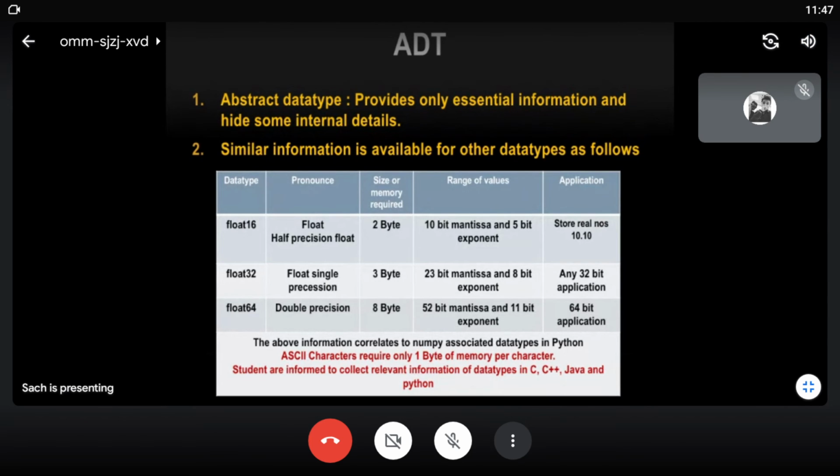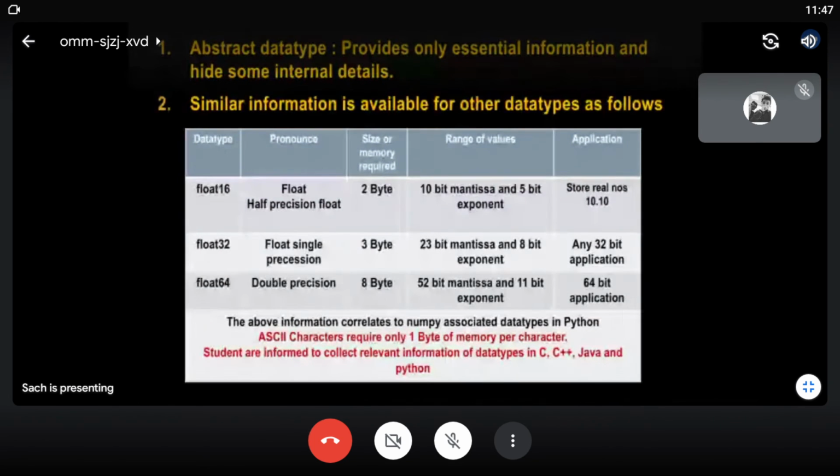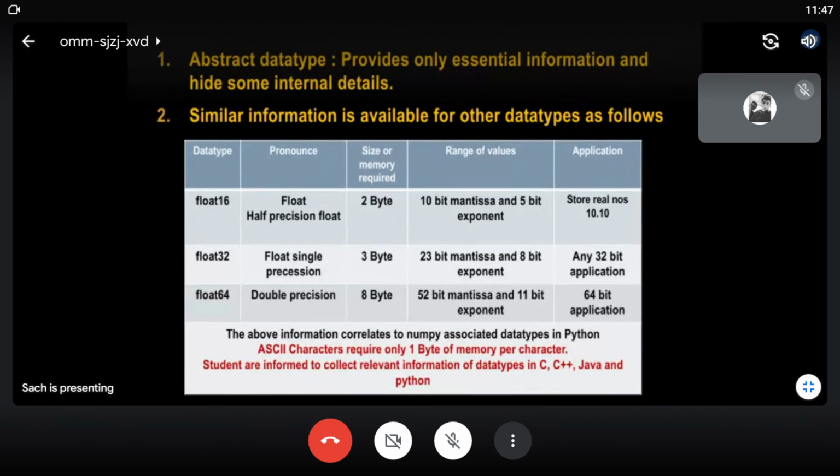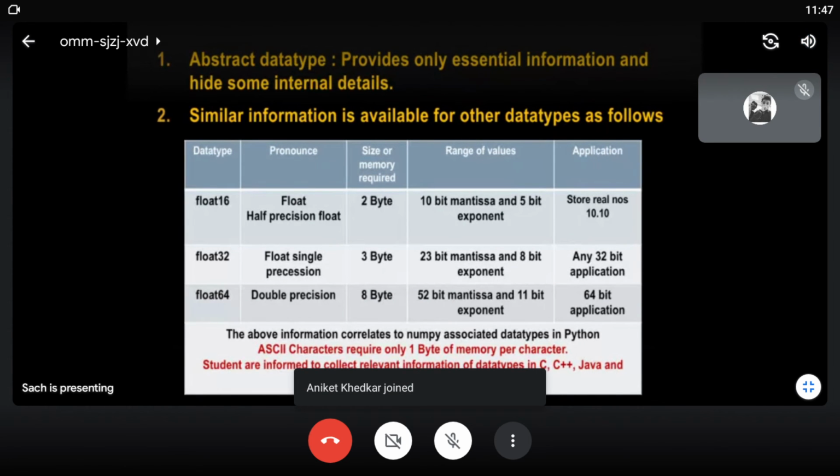Naturally, when we have float 32, we have float single precision, which is of 3 bytes. Memory requirement for float 32 is 3 bytes. Its mantissa is 23 bit and 8 bit exponent. You can note down, this comes in MCQ. What is the size of float 32?